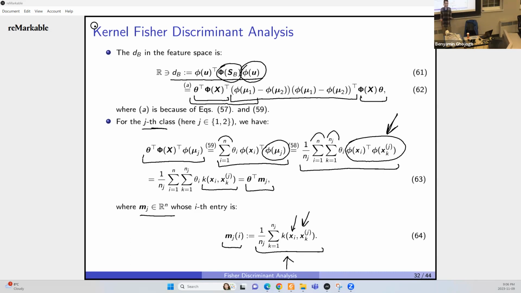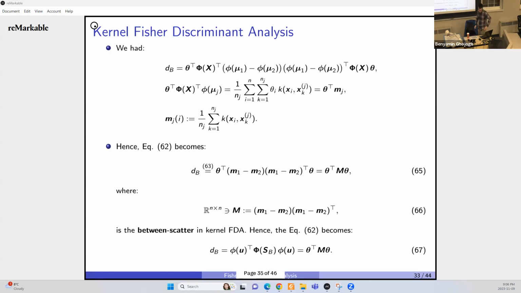After kernelization, suddenly you are dealing with n-dimensional vectors. Interesting. Now, if n is large, you will face a problem. Beforehand, when d was large, you would face a problem. Now, when n, the sample size, is large, you will face a problem. I think it's obvious because when n is large, the kernel size will be very big and you will have a memory error, right?